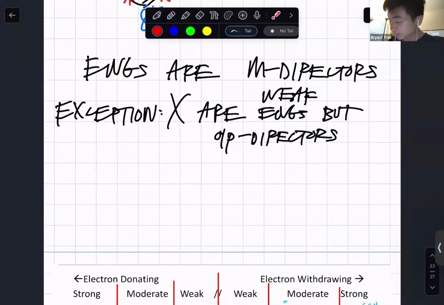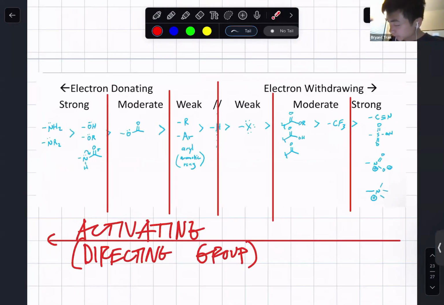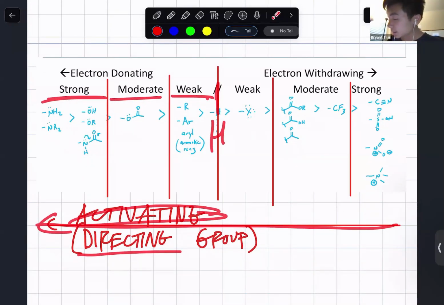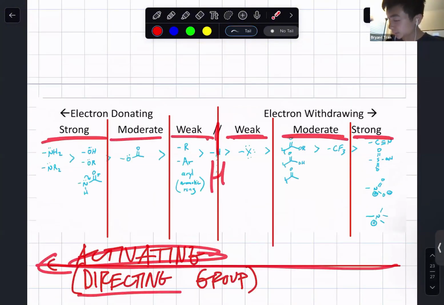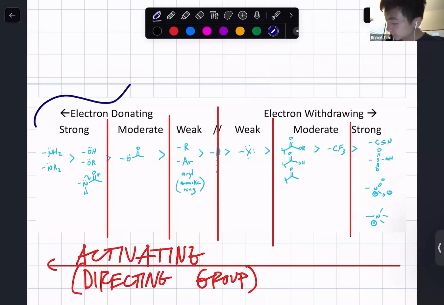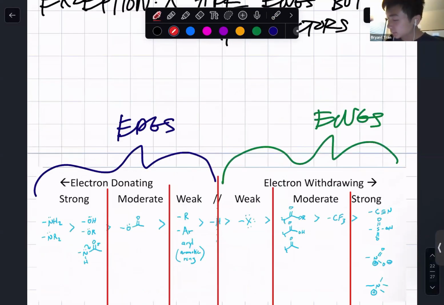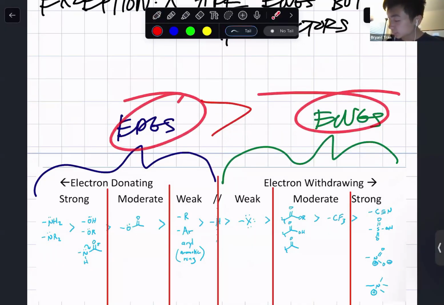Which can be represented by this list right here. We talk about the directing group as the activating power. The strong EDG goes first, but then moderate EDG, then weak EDG, and then the reference group, which is the hydrogen, and then the weak EWG, and then the moderate EWG, and then the strong EWG. We see here that these three categories here are EDGs, and these three categories here are EWGs, and we notice that all EDGs, no matter the strength, will always be stronger than EWGs.